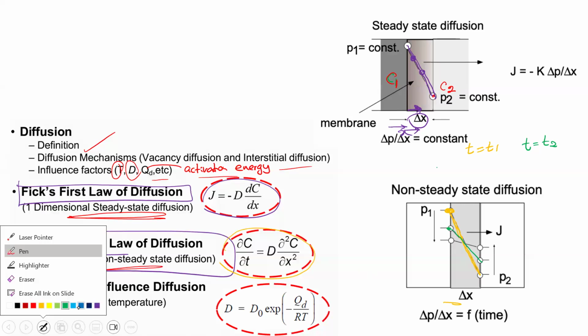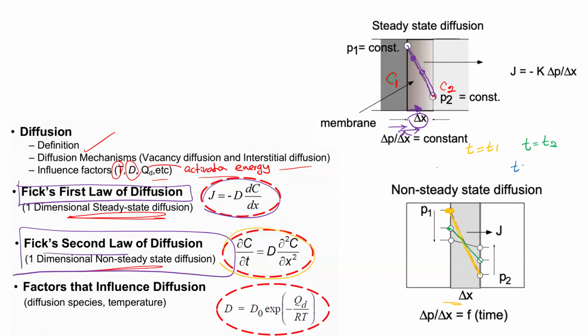The difference between steady state and non-steady state: when the time equals T3, the concentration gradient will be like this. So you can see the concentration is changing with the time. After some time, maybe the concentration will be equal on both sides. Does that make sense, the difference between steady state and non-steady state?